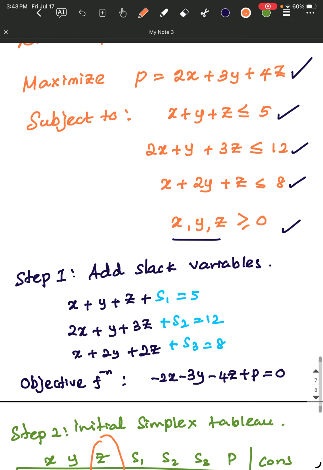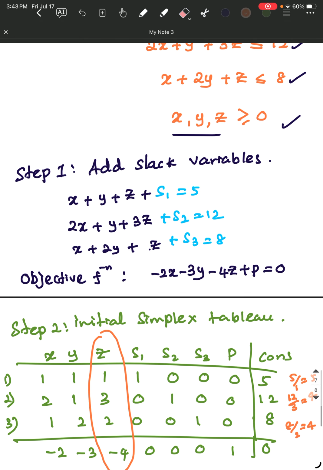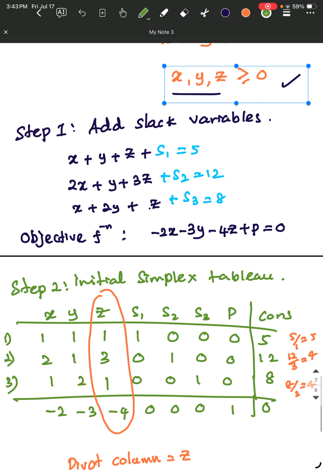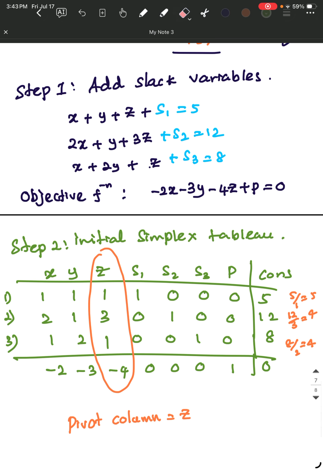Okay, I made a mistake here, right? It should be 1. Then the ratio 8 over 1, 8.